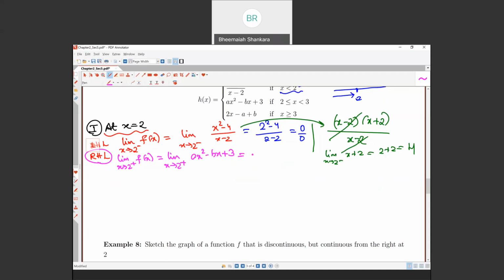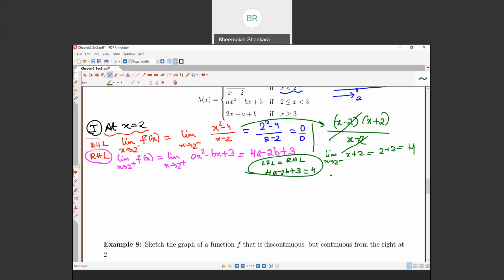So plug in x equal to 2, you have 4a negative 2b positive 3. And you know that the left hand limit and the right hand limit are equal. So you're good to equate them, LHL equal to RHL. So all you have is 4a minus 2b plus 3 equal to the other limit, which is 4.